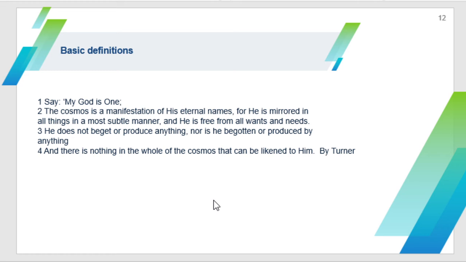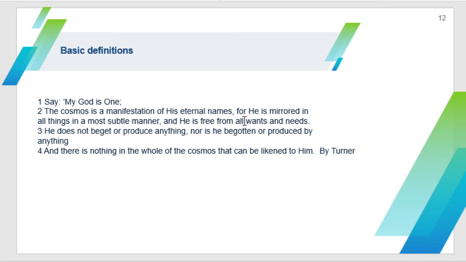So the last translation is written by Turner: Say, my God is one. The cosmos is a manifestation of his eternal names, for he is mirrored in all things in a most subtle manner, and he is free from all wants and needs. So you can say قل الله أحد الله الصمد.